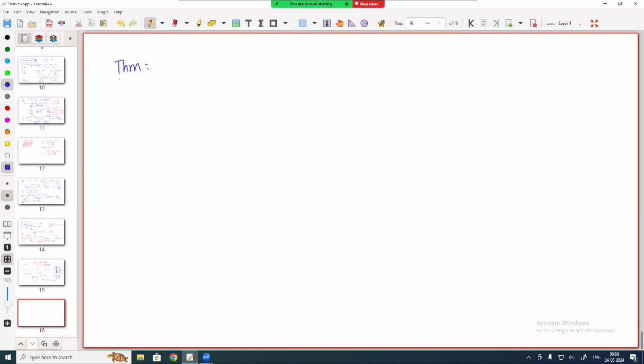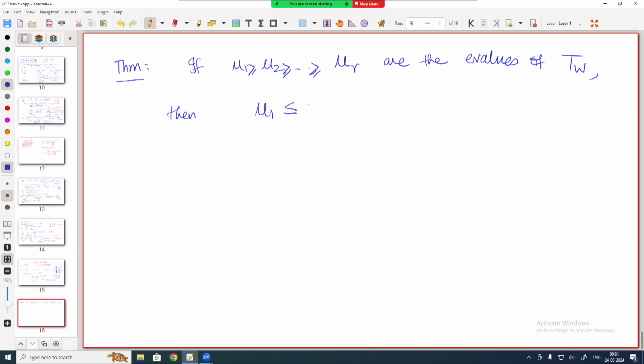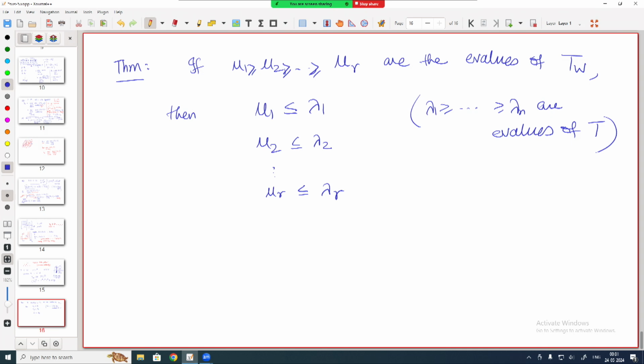It says that if mu 1, mu 2, up to mu r are the eigenvalues of the truncation, arranged in decreasing order, then they are all bounded above by the corresponding eigenvalues of T, lambda 1 and so on. So this is a statement about truncation.